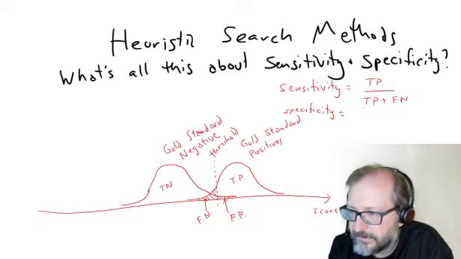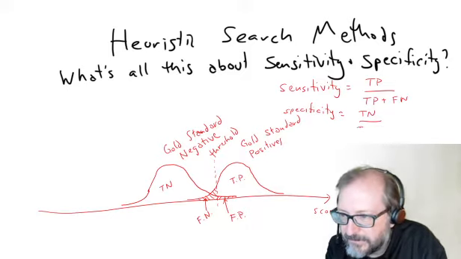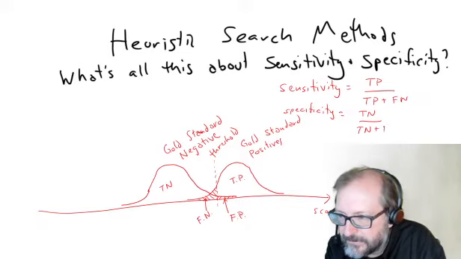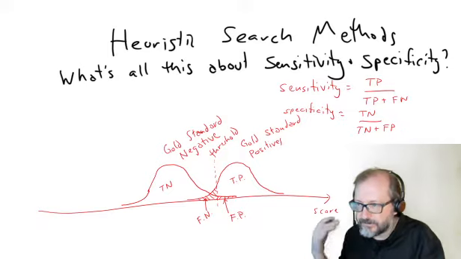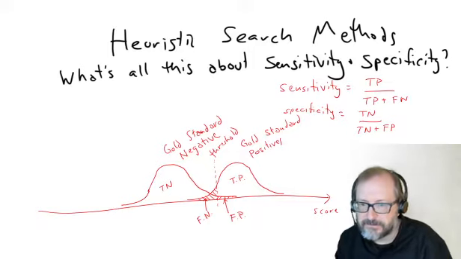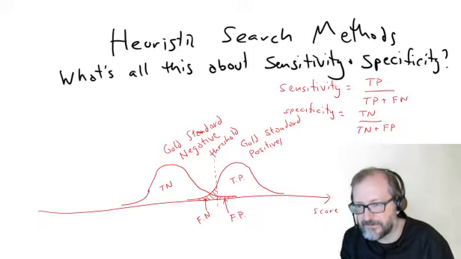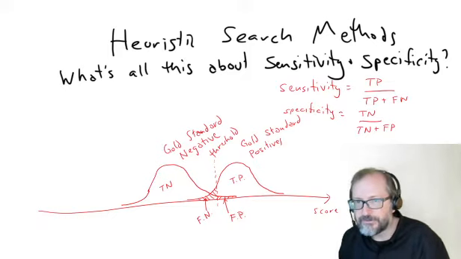So that's true negatives divided by true negatives plus false positives. Okay, and again, so it's easier to remember, the specificity has to do only with the gold standard negative curve. So TN is the area under the gold standard negative curve to the left of the threshold, and FP is to the right of the threshold. Let's do the same curve.